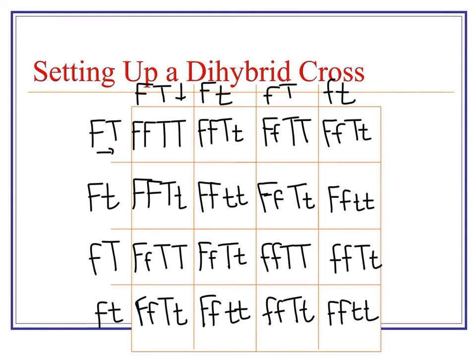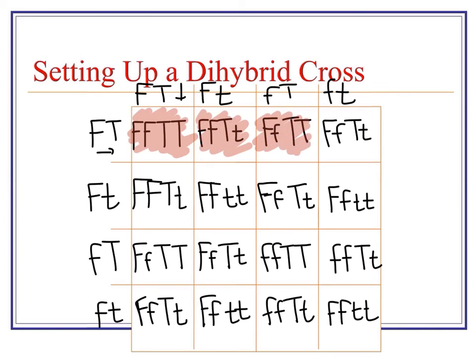All right, so now that you have your whole Punnett square filled out, what we need to do now is interpret the results of this. So what does it all mean? So I'm going to color code everything. I'm going to shade in with this kind of reddish color all of the individuals who are dominant for both traits. So they have at least one dominant allele for freckles and at least one dominant allele for tongue rolling ability.